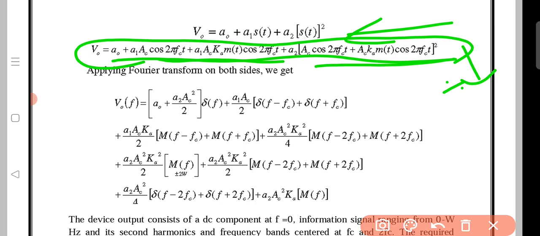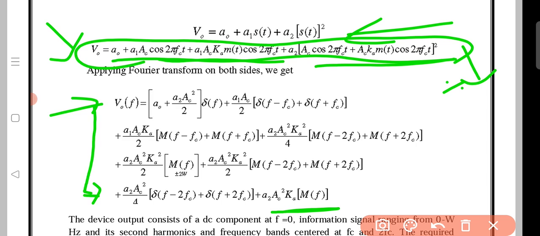By applying the Fourier transform to this V naught, the time domain signal, finally the expansion is like this. There are many terms derived from this relation.